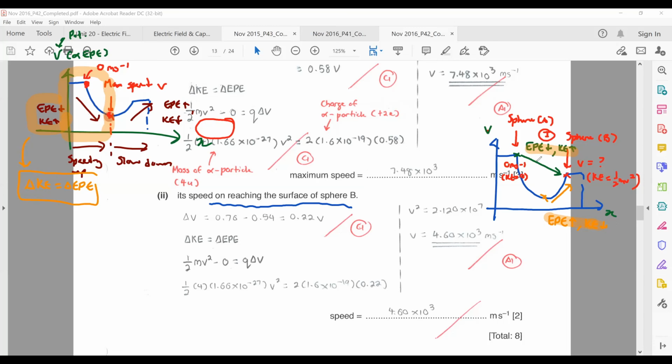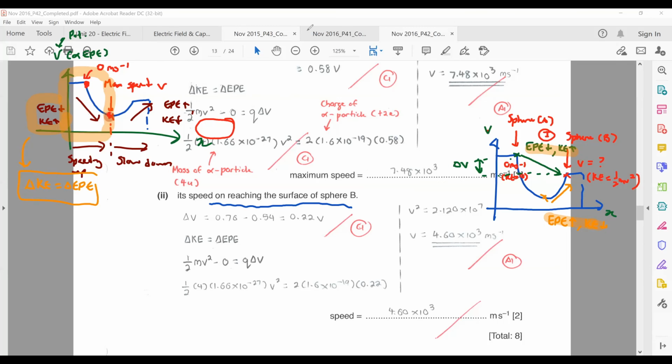Change in KE is half mv square minus 0. My change in electric potential energy is Q times the potential difference. My potential difference being only this one. This one would be my potential difference from this point to this point. It will be 0.76 minus 0.4 giving me 0.22. And then I just replicate back the same values of mass and charge from the previous question. I'll get the speed as this.